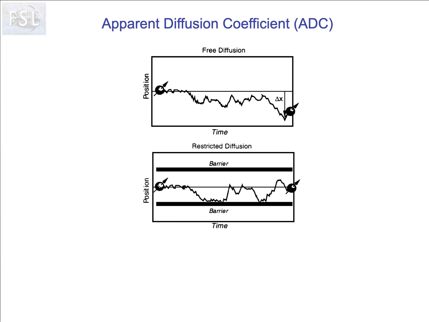In the lower plot we have the same thing but with restricted diffusion due to a barrier. If we were to measure this diffusion at time t here, then the restricted diffusion would look exactly like the free diffusion. Whereas if we measure this at a longer time, the free diffusion and the restricted diffusion no longer look alike.